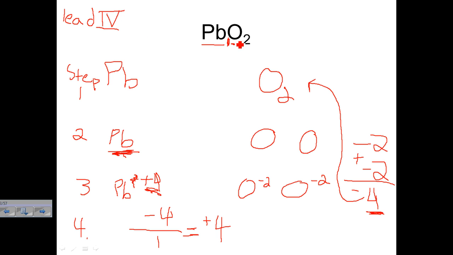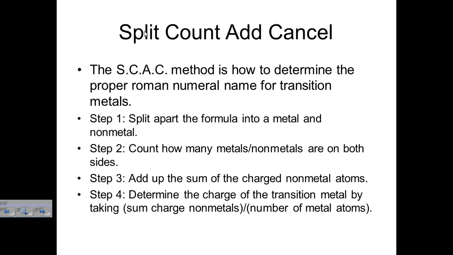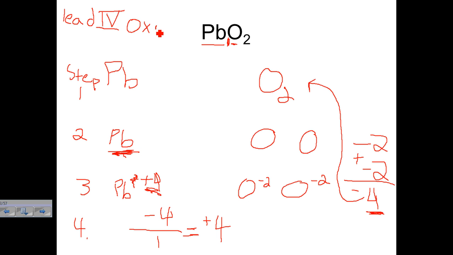Oxygen, I just have to change its name, so I'm going to have oxide. You take off the -ygen ending and put on the -ide. So your final answer is lead(IV) oxide. This might seem like it takes a while, but over time you'll just recognize this. You won't ever have to use the SCAC method again, but for now we'll keep practicing with it. All right, let's try another one.